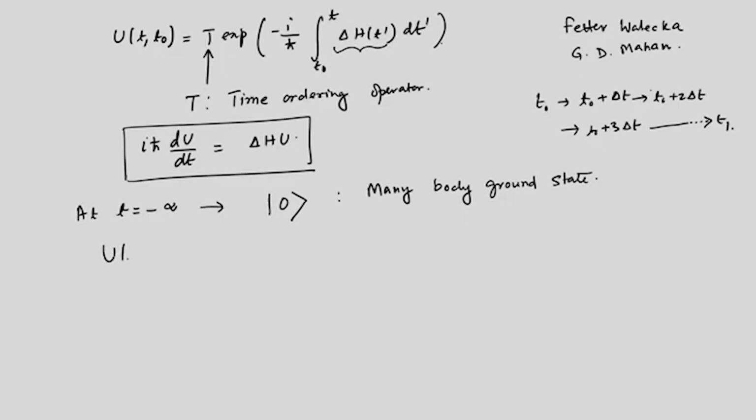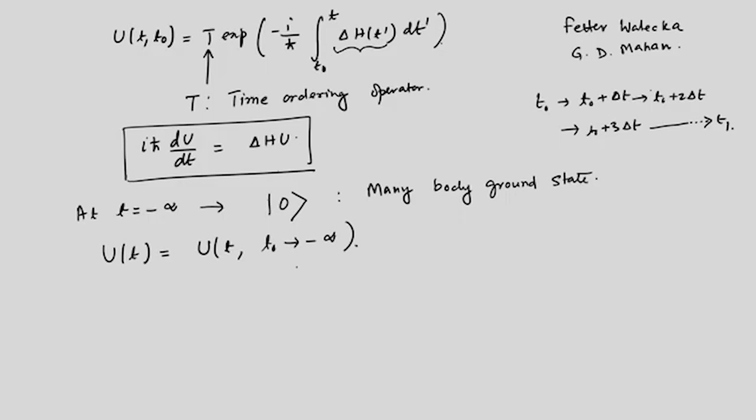So, u of t is actually u of t with t0 from minus infinity. We set t0, the earliest, most primitive time, to be at minus infinity when there was no effect of the perturbation, and after that the perturbation is switched on.